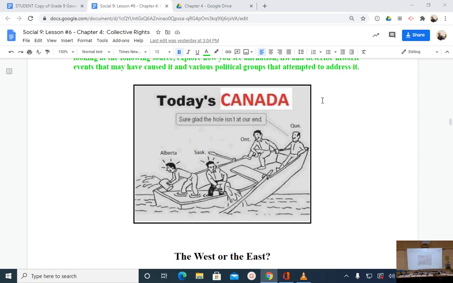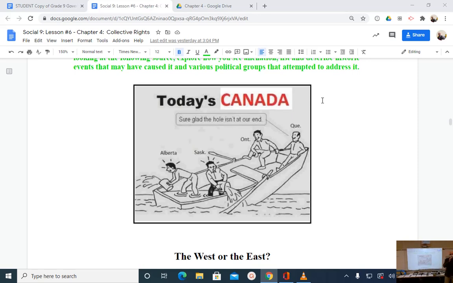When we look within that cartoon, we look at the smaller details. We can see that Canada is shown to be a boat. Here Canada is a rowing boat. Everybody can see that part, right? So Canada is shown as this metaphorical boat.